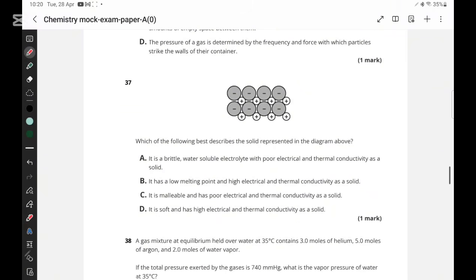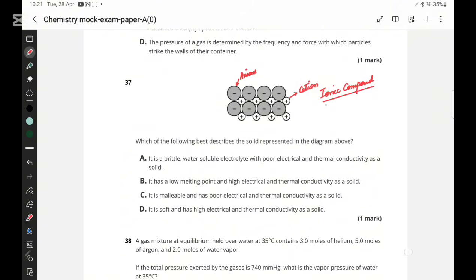37th question. If you see the 37th question, you are going to see that these are anions and the positive ones are cations, and this must be an ionic compound because ionic compounds are formed by the electrostatic force of attraction between cations and anions.